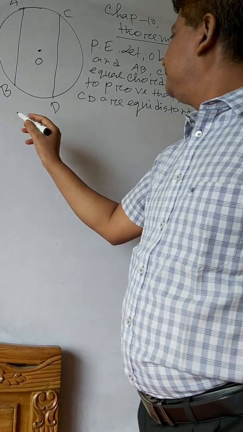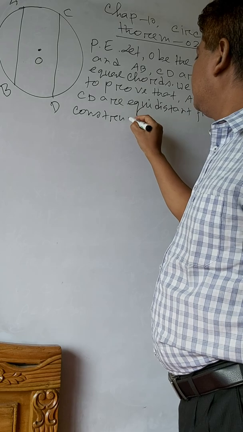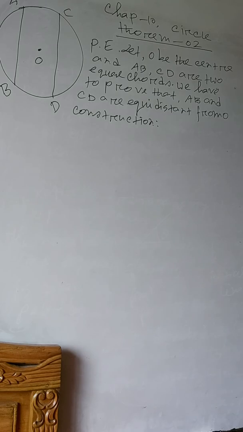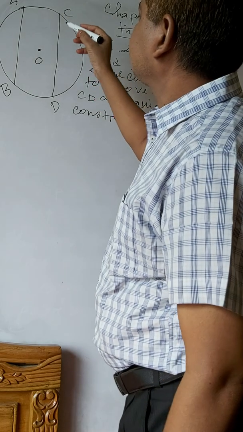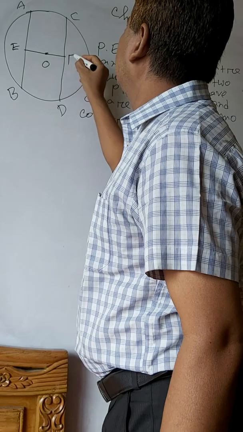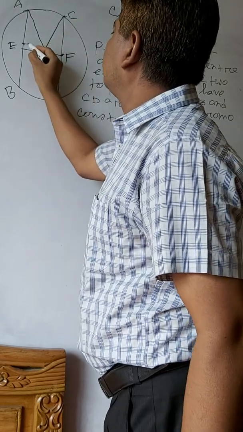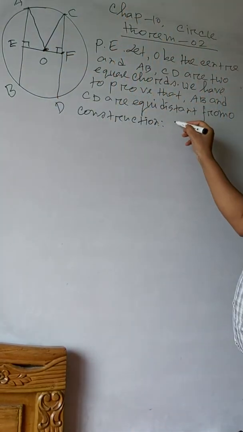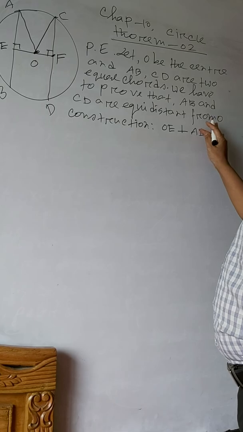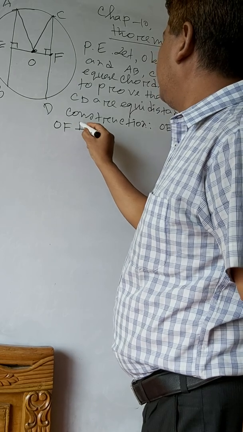Construction. What is the construction? Join OA and OC. Draw OE perpendicular to AB, and OF perpendicular to CD.